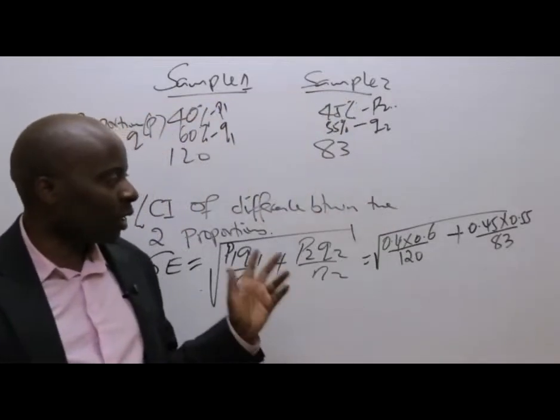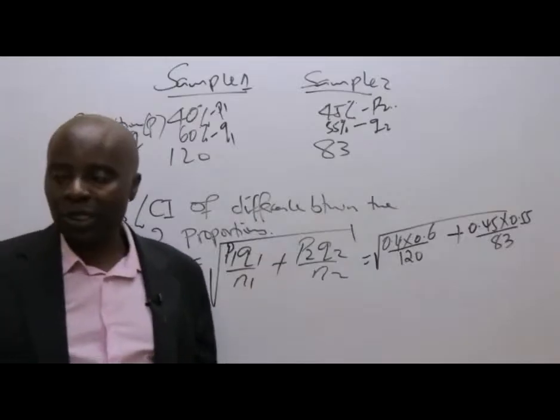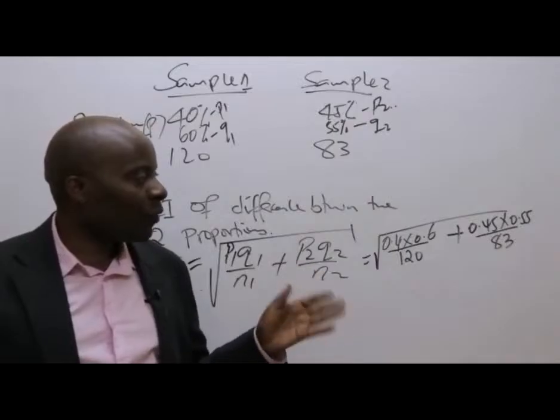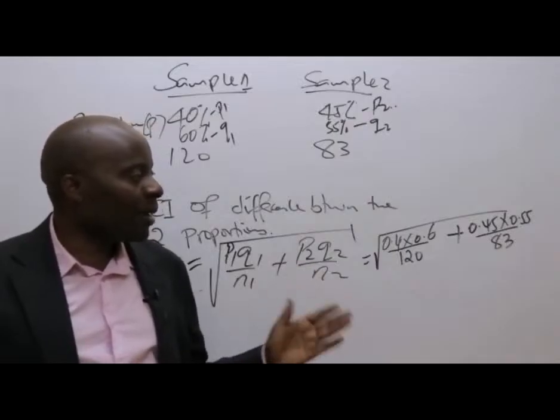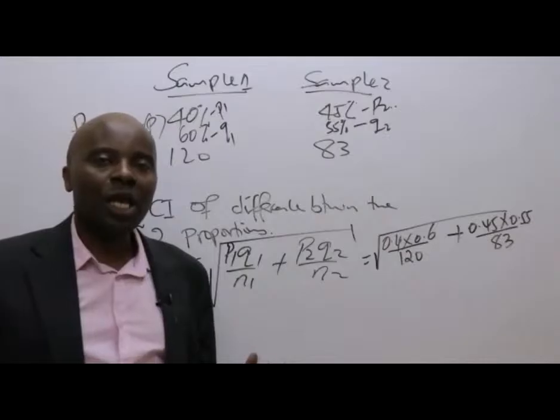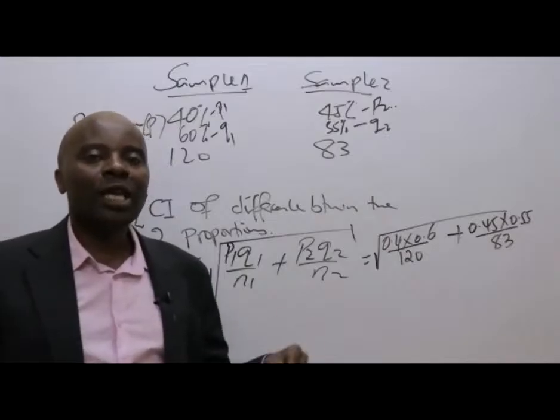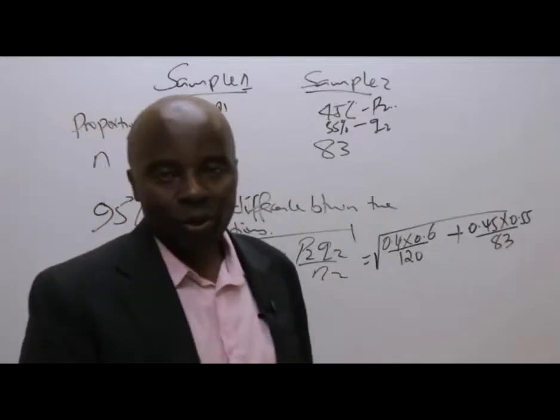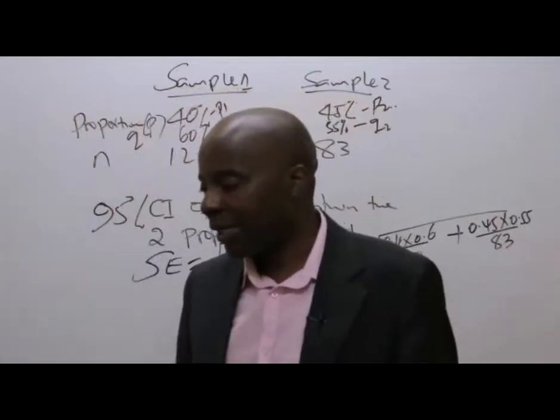For the correct answer, take 0.45 times 0.6 divided by 120 plus 0.45 times 0.55 divided by 83. You say equals, and whatever you get, you say square root.